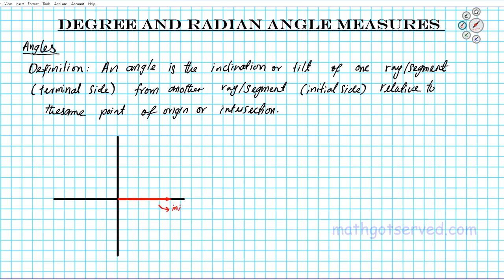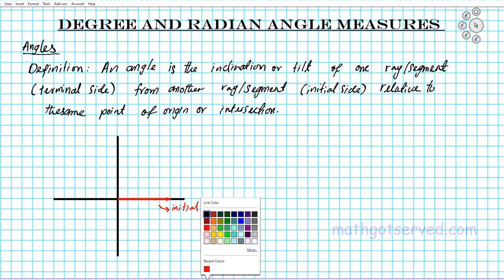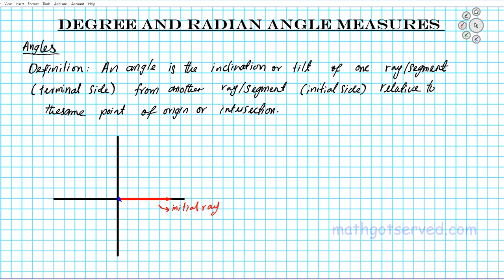So what we're going to do now is create an angle by starting from that initial ray. We're going to have a tilt or inclination from that in one direction or the other. So starting from your initial ray, you have a tilt or an inclination.